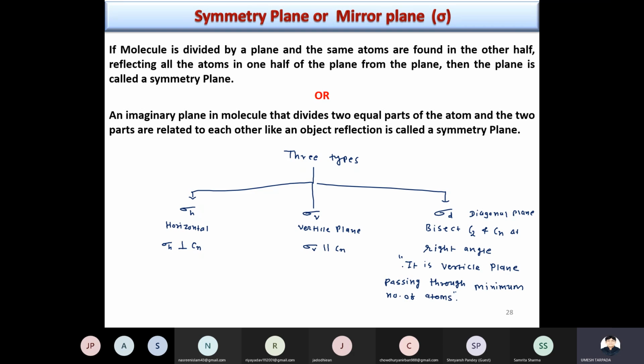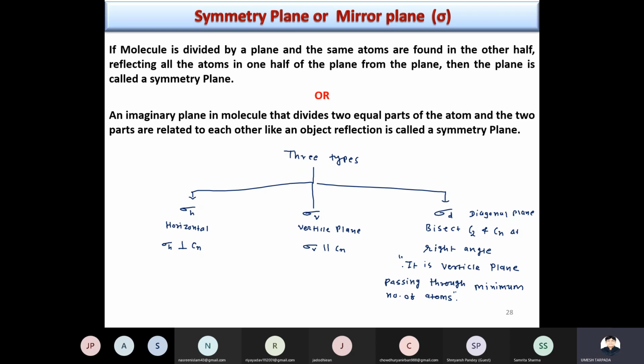So there are three types of plane: the plane which is perpendicular to the principal axis, the plane which is parallel to the principal axis, and the plane which bisects the angle formed between the principal axis and the C2 axis. Or you can say, if a molecule has more than one vertical plane, then the plane passing through the minimum number of atoms is called the diagonal plane.